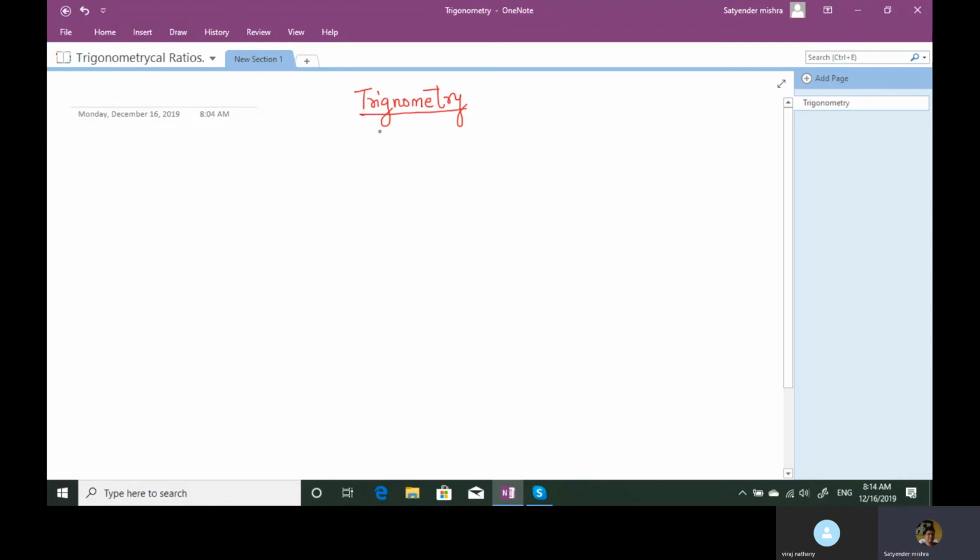So the word trigonometry is divided into two parts: trigno and metry. Trigno means triangle and metry means measurement.